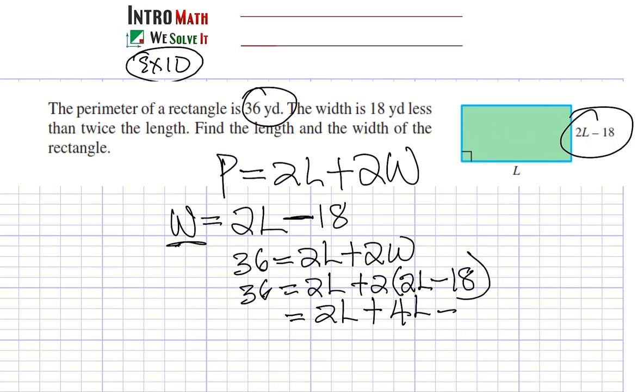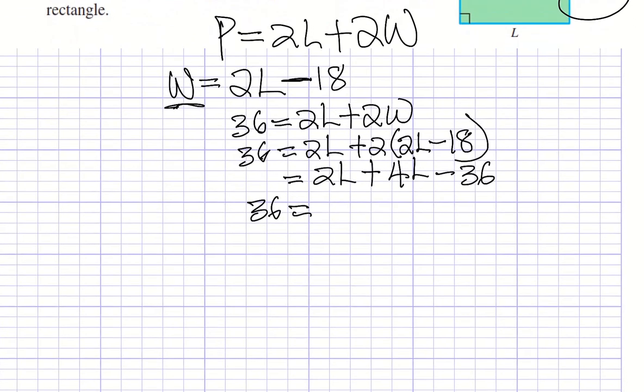Okay, 2 times 18 is 36. Alright? Let's simplify. 36 is equal to 6L minus 36. What the hell?